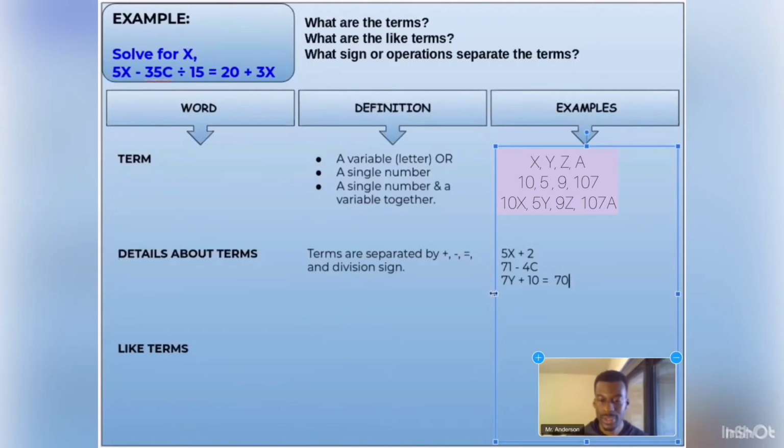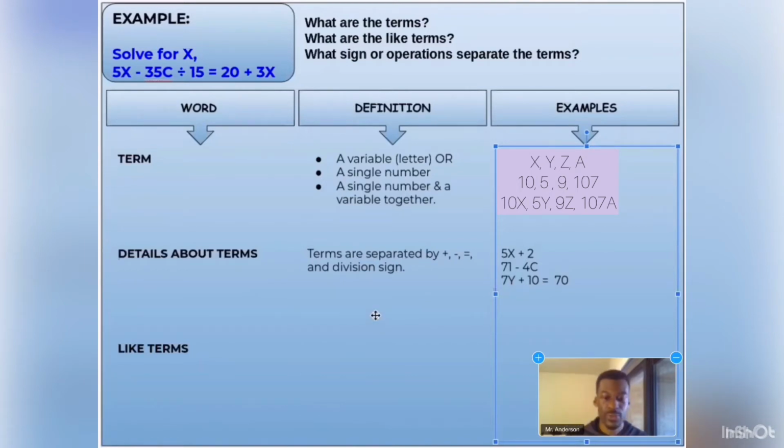Why are there 3 terms? 7y, okay? And actually, if you look up here, you see like 5y. You have a number and a letter together. That's one term, okay? Plus 10 equals 70. The 7y and the 10 are separated by the plus sign, and the 10 and the 70 are separated by the equal sign. You have 3 different terms, okay?